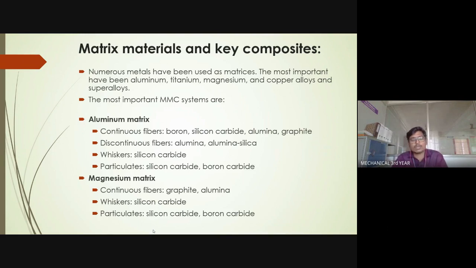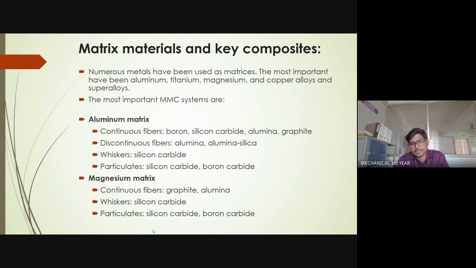So let us see what the types of reinforcement available are. In the case of aluminum matrix composites, we have continuous fibers like boron, silicon carbide, alumina, and graphite. These are the forms of continuous fibers, and in the form of discontinuous fibers, we have alumina and silica, and in the case of whiskers, we have silicon carbide.